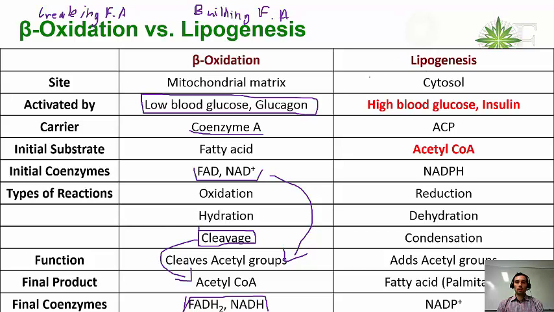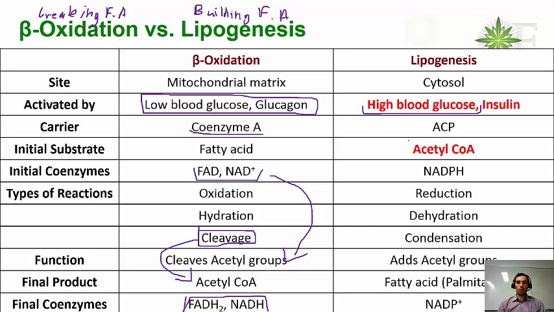So lipogenesis, it doesn't occur in the mitochondrial matrix, it actually occurs in the cytosol. So that's why we had to take the acetyl-CoA out of the mitochondria and into the cytosol using the citrate-malate shuttle. So when would we do lipogenesis? Basically when we have a lot of glucose, and that glucose will be turned into firstly pyruvate and then into acetyl-CoA.